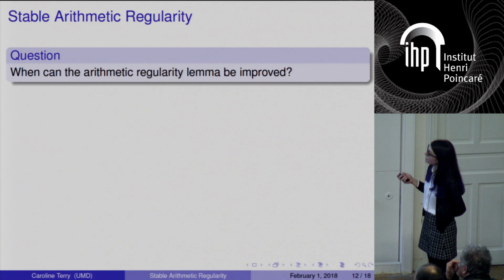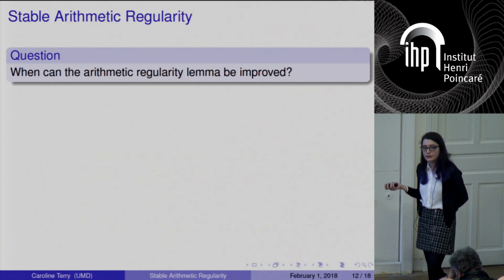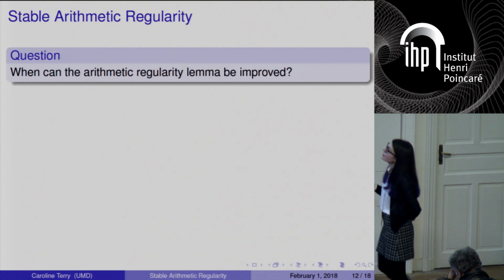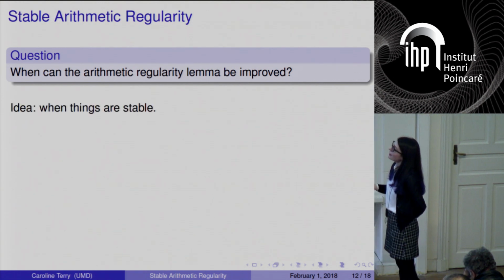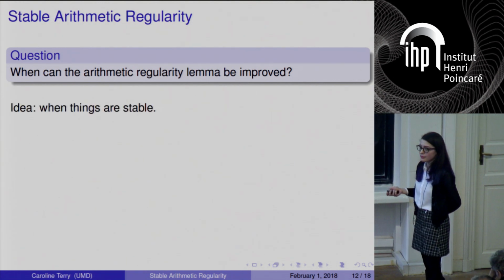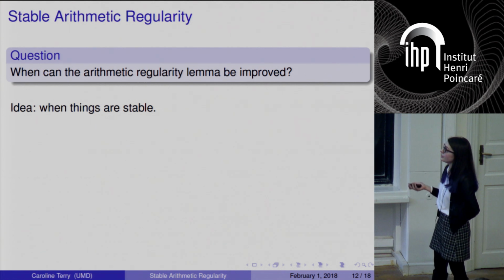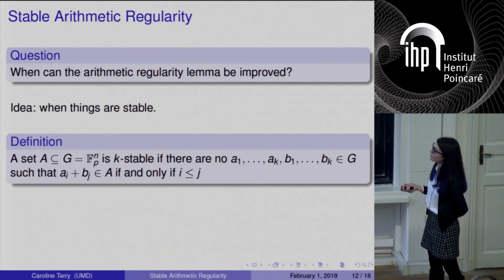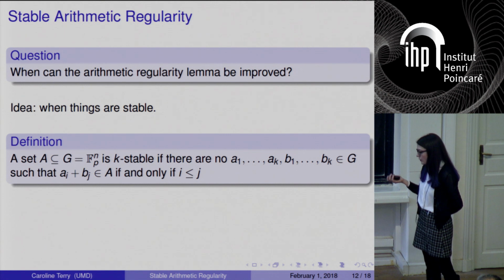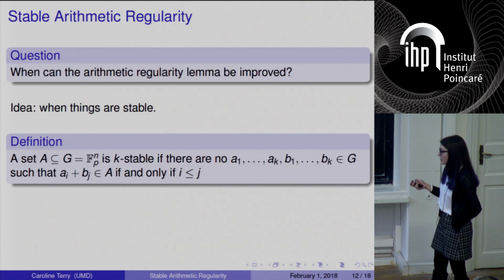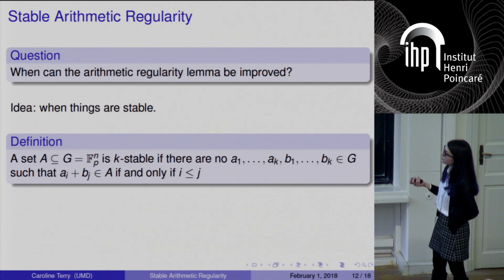Okay, so here's the question. When can you improve the arithmetic regularity lemma? The idea is that when things are stable is one place where you can do it. So what do I mean by a set being stable? You have to decide what that should mean.